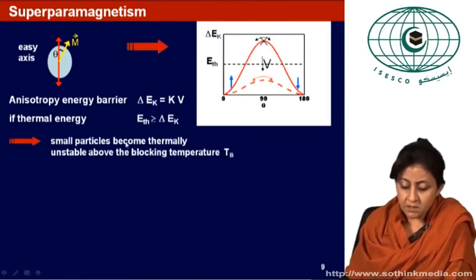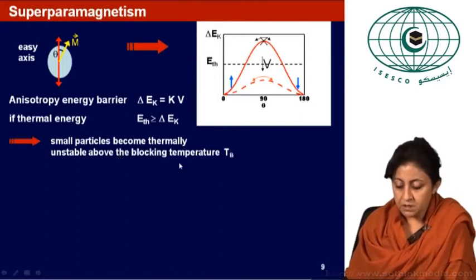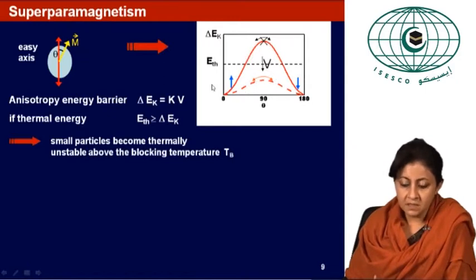This means that small particles become thermally unstable above a typical temperature Tb, and Tb is known as the blocking temperature, and this is roughly the temperature where the thermal energy becomes of the same order of magnitude as the anisotropy energy, so that the anisotropy energy barrier can be surmounted.